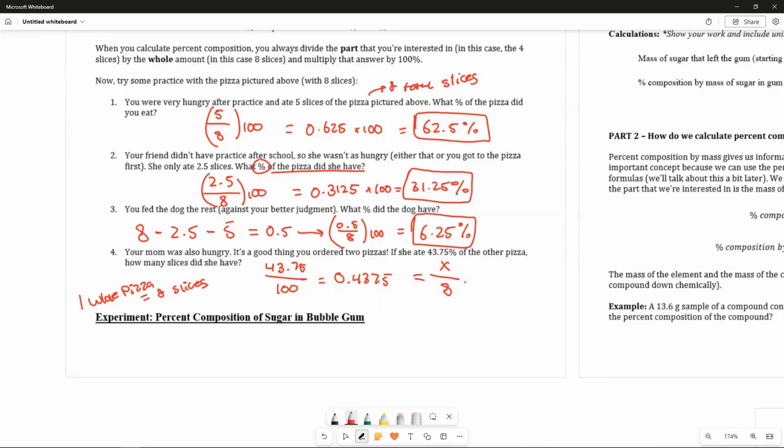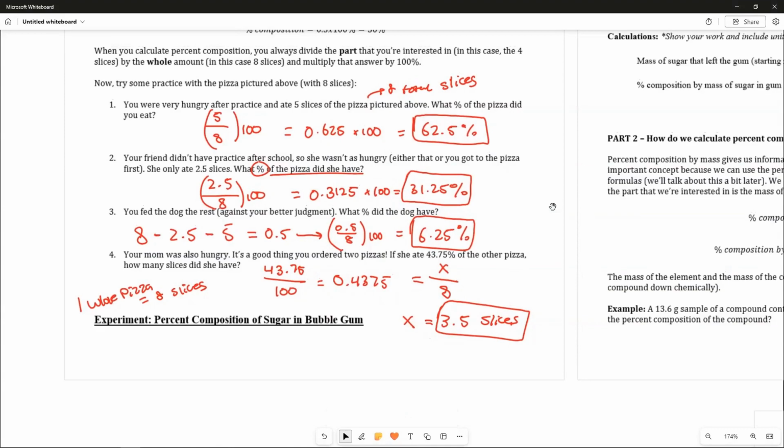Therefore, if we multiply 8 on both sides to cancel the 8 in the denominator of the x over 8, we can solidify our x value as a total value of 3.5. And therefore, in order to eat 43.75% of the pizza, you need to have 3.5 slices of pizza. Alright, not so hard.